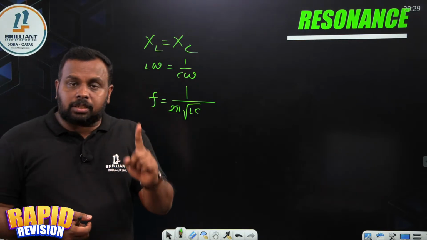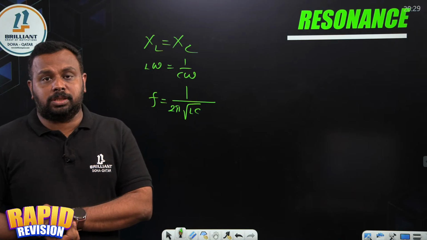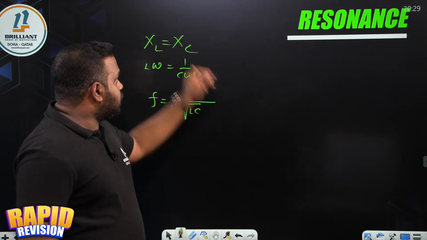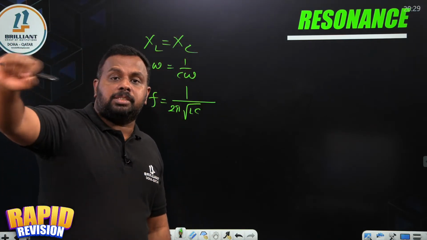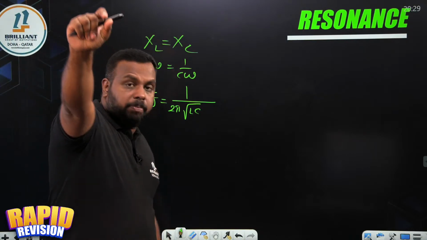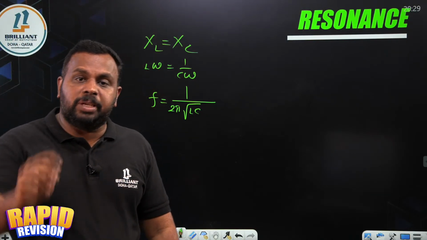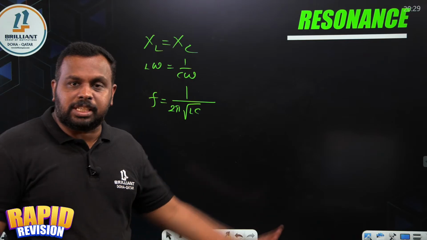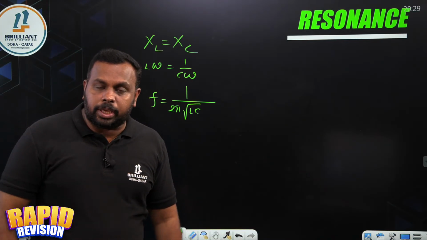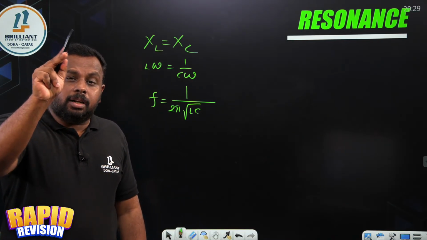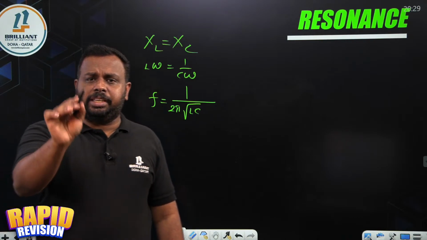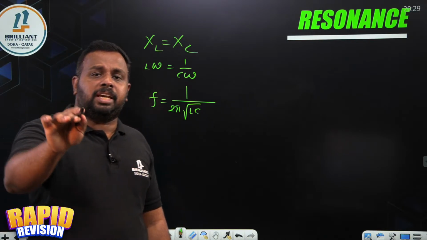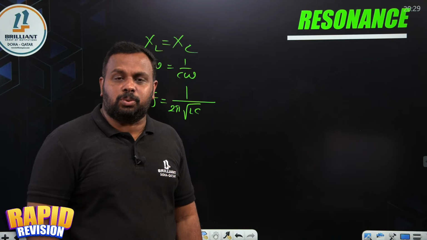And at resonance frequency, my dear students, please note that if XL equal to XC, what will be the value of impedance? It will be equal to R, because XL and XC get cancelled. Which means at resonance condition, a series LCR circuit will be behaving like a pure resistive circuit.